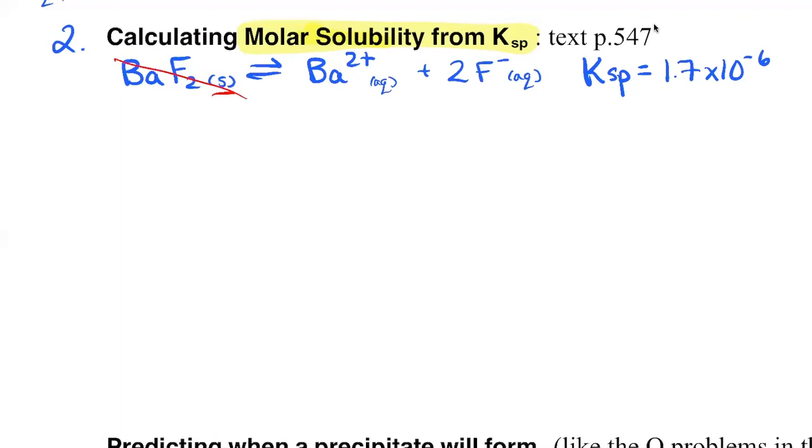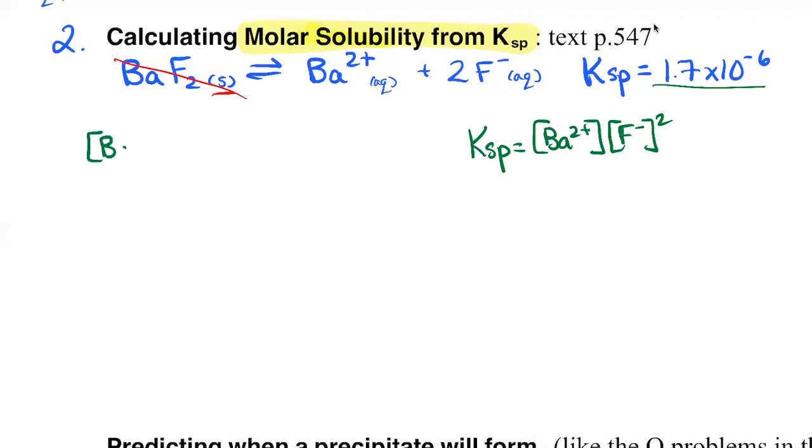So we're going to make an ICE table with our KSP, we know, is going to be equal to the concentration of Ba2+ times the concentration of F- squared, right? That is our KSP expression. We know what our KSP value is, but we don't know what those concentrations are. So our ICE table, here we've got Ba2+ and F-.